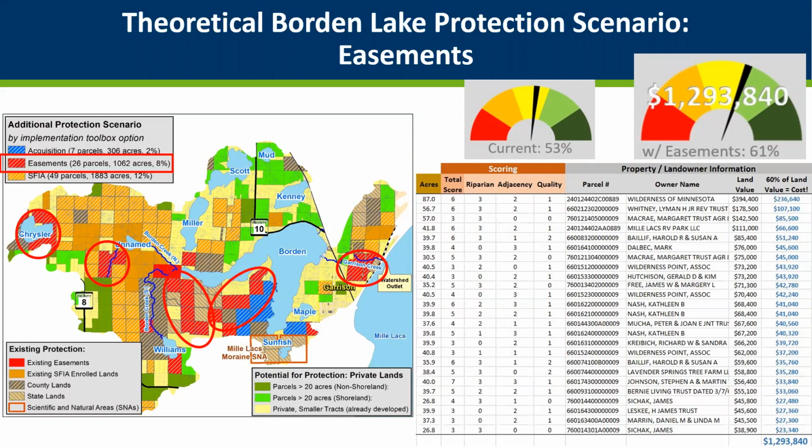And they're circled in the red ovals on the map. And that cost would be about $1.3 million. That's very close to what the actual cost would be. And that's one of the strengths of this. Funders see what they're getting and how long it's going to take to get there and what it'll cost.